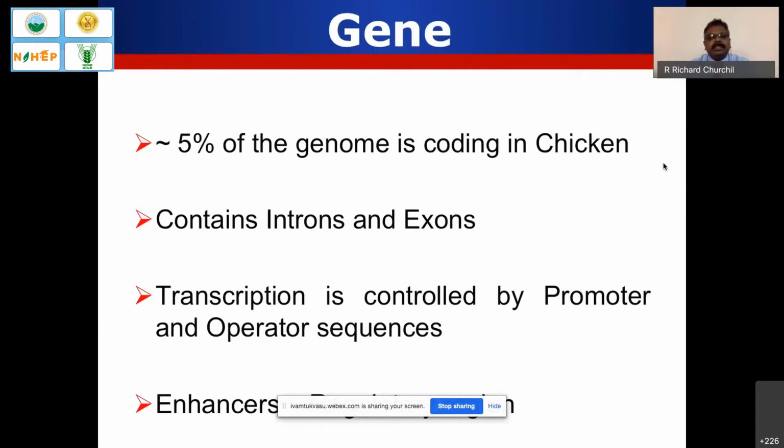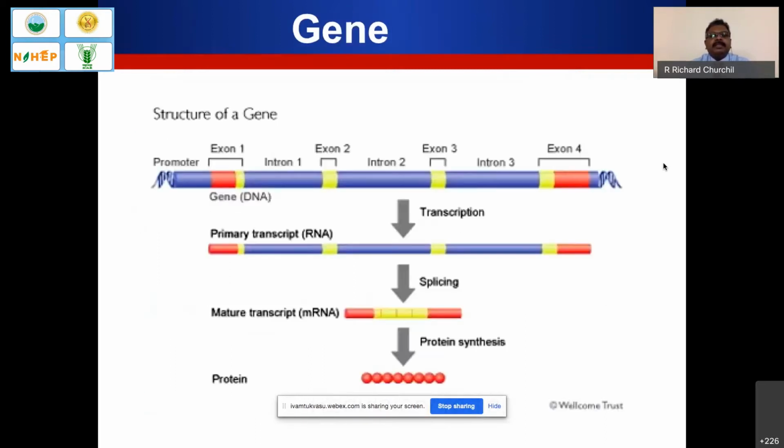And this gene is transcribed into mRNA, and then it is translated into the protein or polypeptide. And these polypeptides, after post-transcriptional modification, are responsible for all the functions or all the characters of an individual.